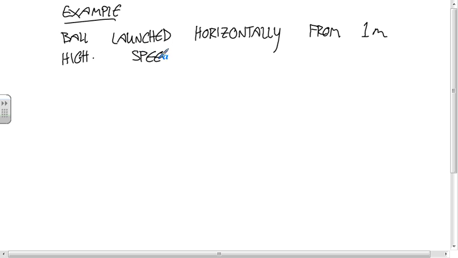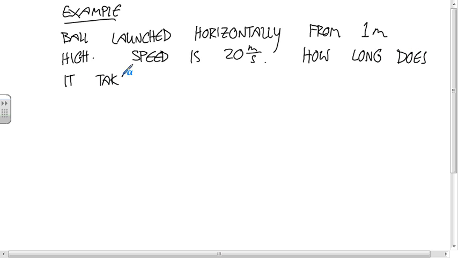The speed is 20 meters per second. How long does it take the ball to hit the ground?